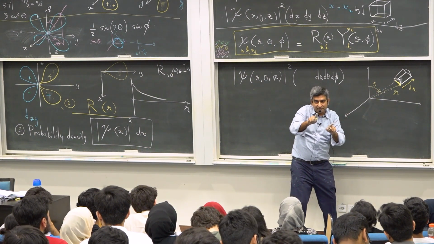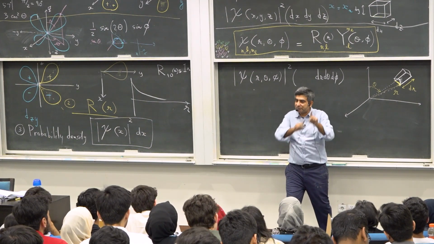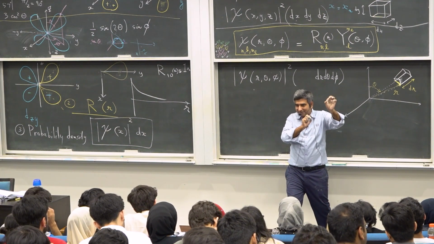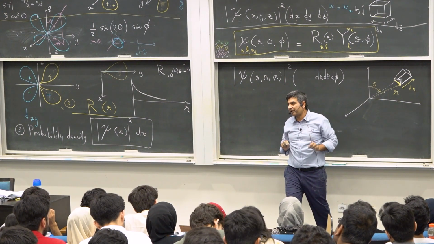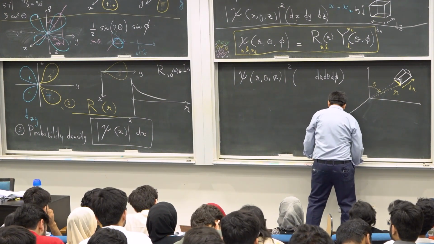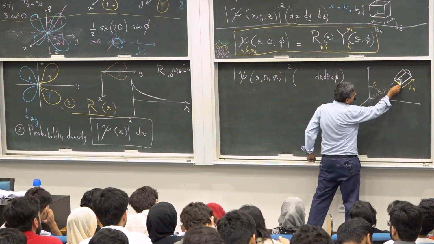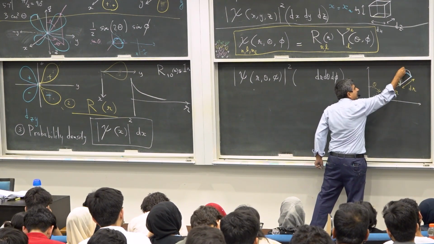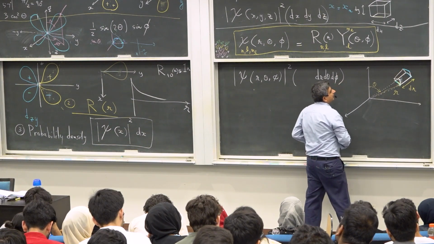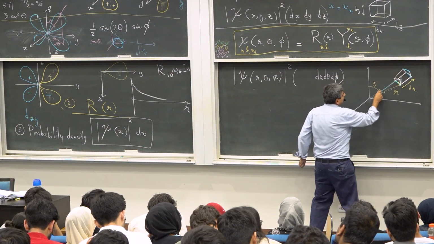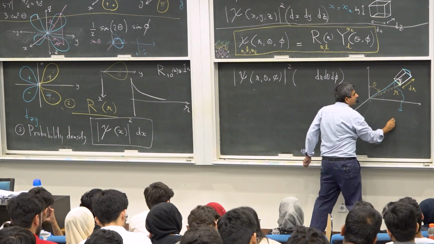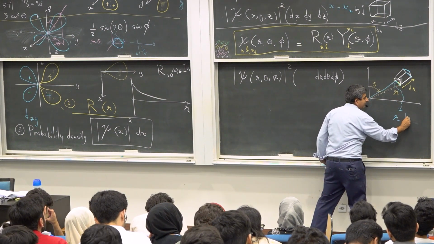Not d theta, r d theta, because an arc is r d theta. It's at radius r, but really the arc length is r d theta. So this length over here, which is roughly equal to this length over here, is r d theta.